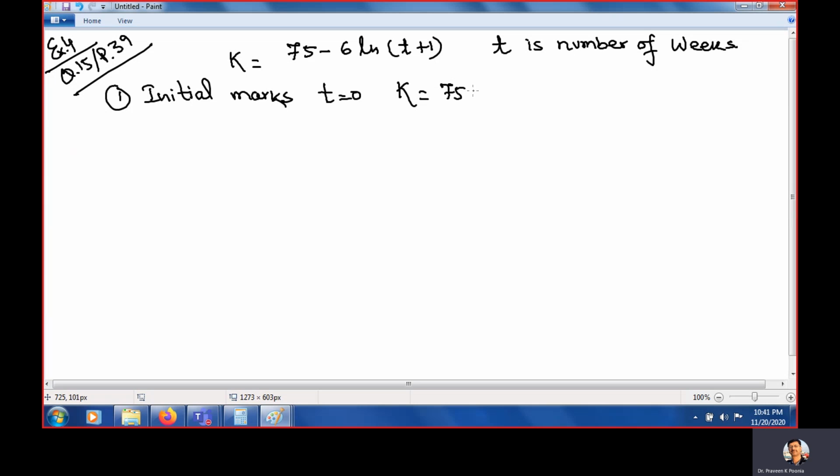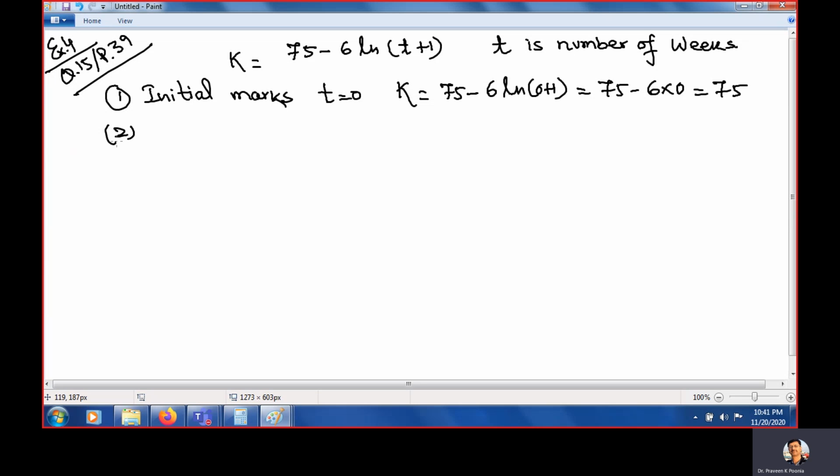It is 75 minus 6 ln of 0 plus 1, which is 75 minus 6 times 0. So the initial marks are 75 because ln 1 is 0. Log of 1 with any base is always 0.